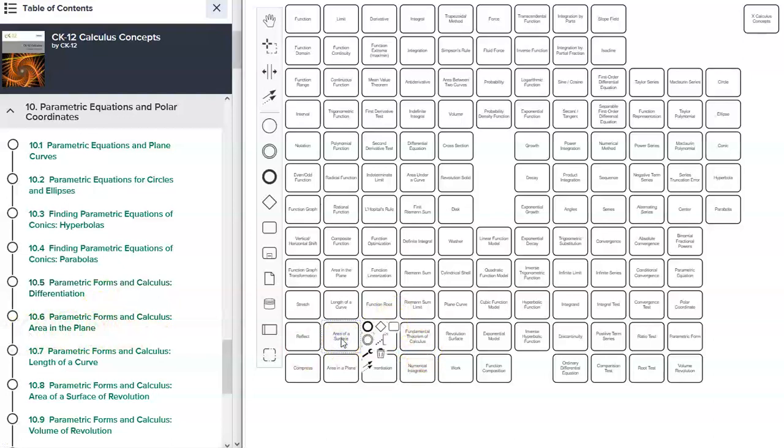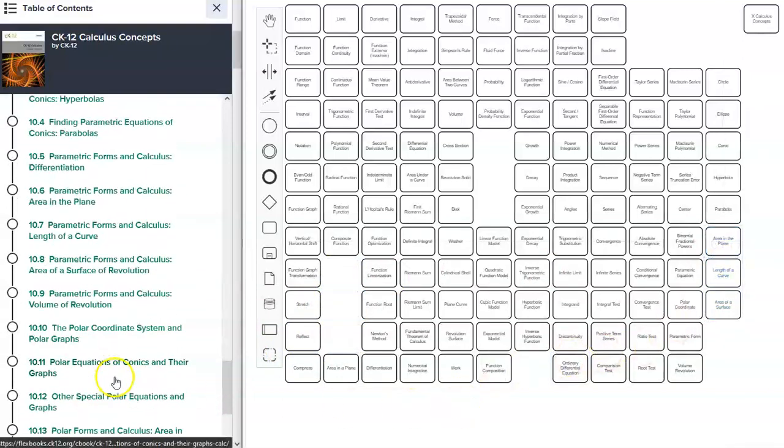Area of a surface. Length of a curve. Area of a surface of revolution. Let's go ahead and move these over here. And because these seem to be slightly different, we'll add them here.